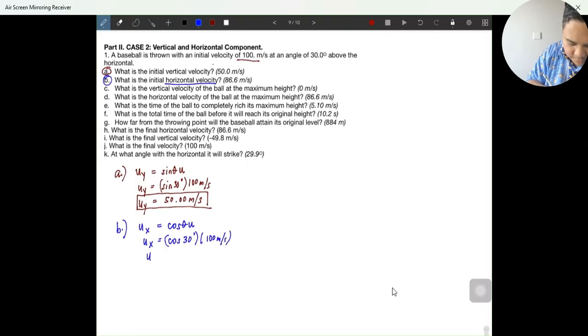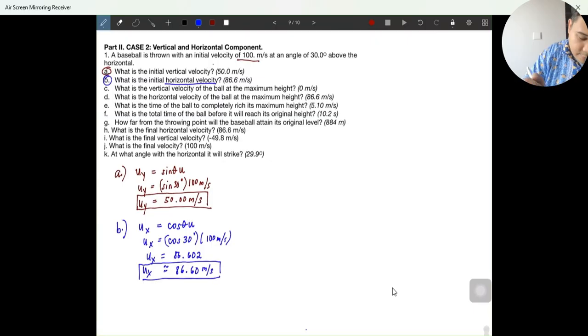Cosine 30 is root 3 over 2 times 100, and that would be 86.602, but rounded off to two decimal places, we have 86.60 meters per second. Okay, and so that would be our ux.